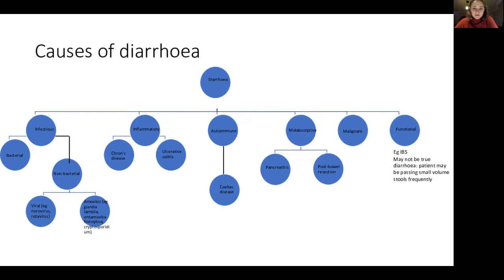Malignant diarrhea, so if you have a new malignancy, that can cause a change in bowel habit. And then functional, so people who have something like irritable bowel syndrome may describe their symptoms as diarrhea, but instead of it being large amounts of loose stool passed frequently, they may be passing a small amount of stool frequently, or they might, on the other hand, be more constipated.